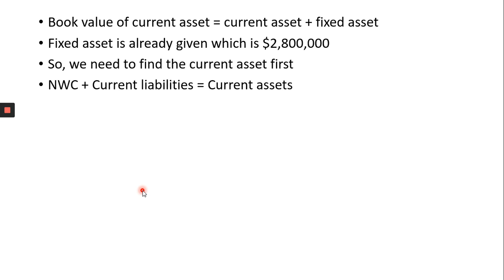The equation is that net working capital, NWC, plus the current liabilities gives you the current asset. If we plug those numbers in, you get your current asset, which is $840,000.